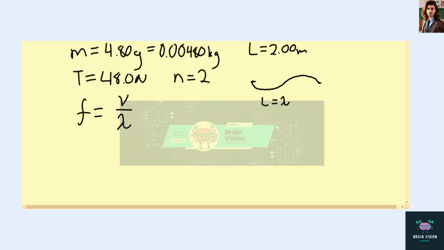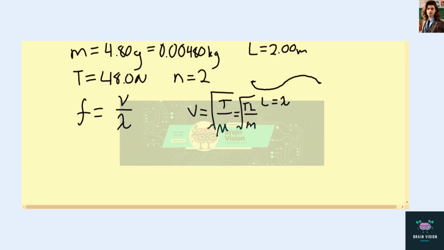And in this case, because we're dealing with a physical string, we know that v is going to be equal to the square root of tension over mu, which is just the string's mass divided by its length, which means that we can rewrite this square root as T times L over M.